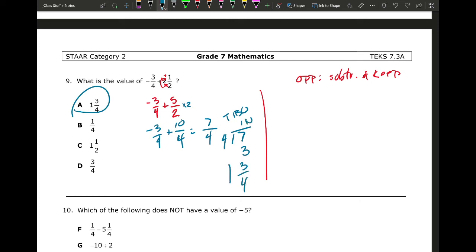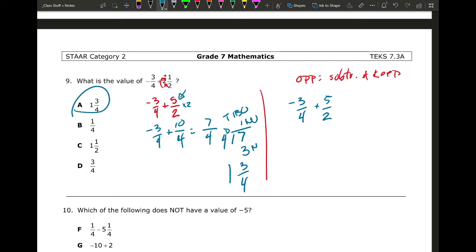Remember, this is the numerator. Whole number, numerator, denominator. And the other way to do this is to take this one right here, negative 3/4 plus 5/2. Again, I cannot do the other method with the mixed number. I have to change that.